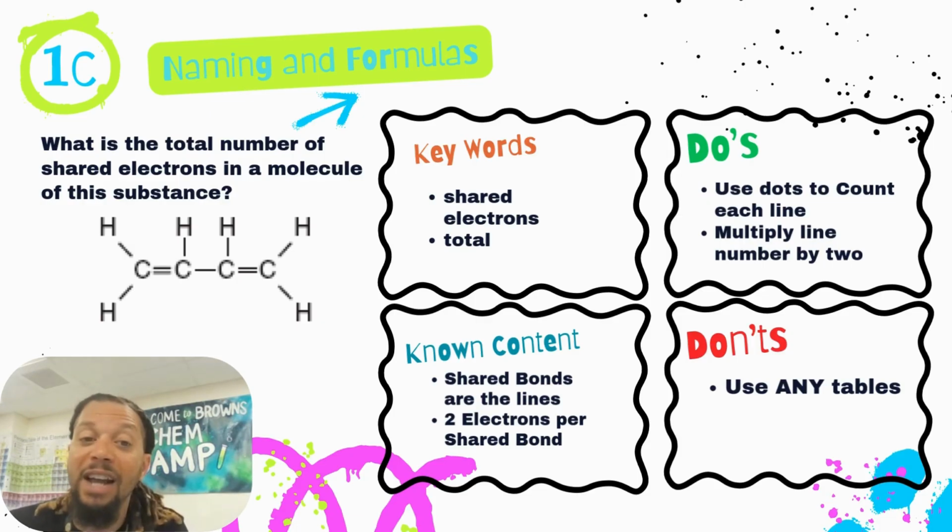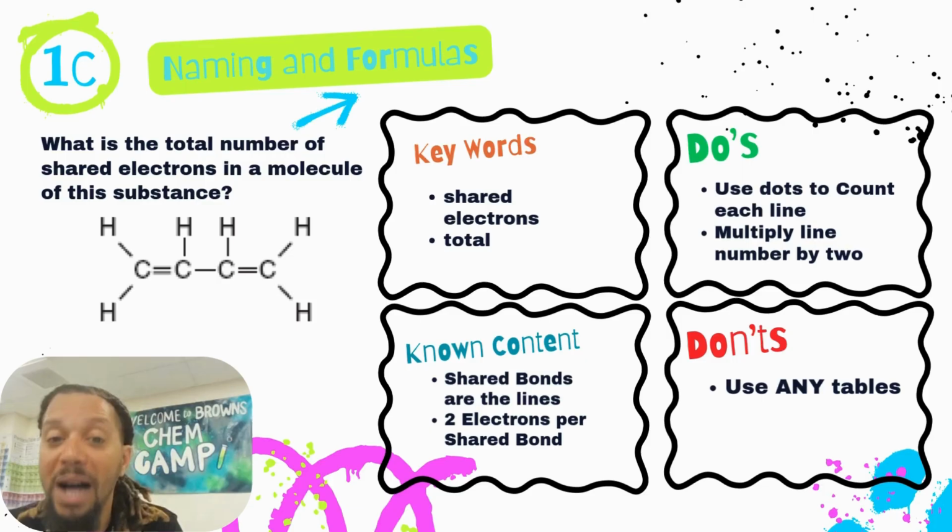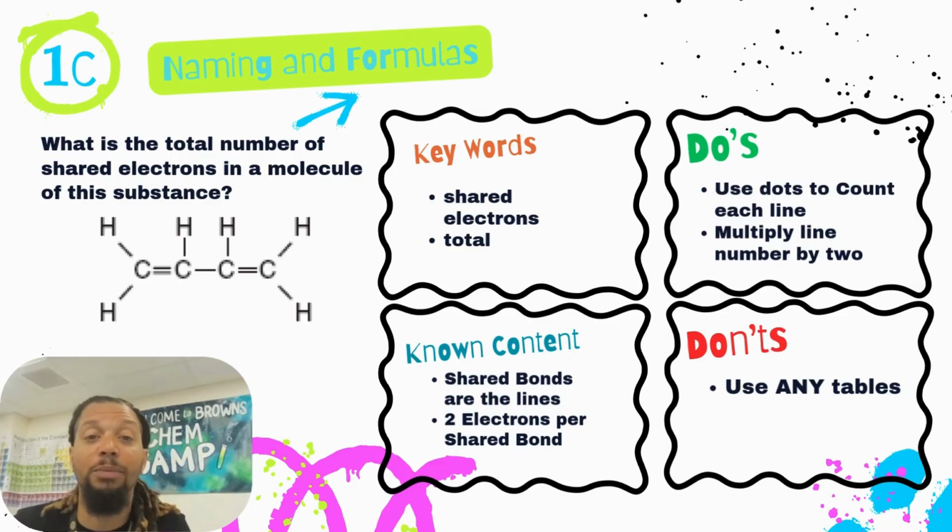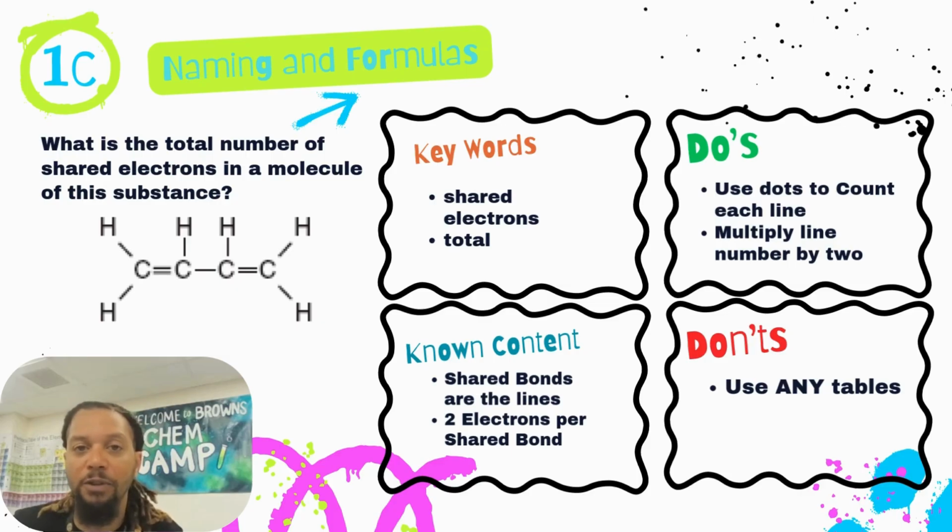Known content: we have to know that shared bonds are the lines, and 2 electrons per shared bond. So what are we going to do? We're going to use dots to count each line, because we have to keep track of the lines. Then we're going to multiply the line number by 2. We know there are 2 electrons per shared bond. We're not going to use any tables because they're not going to be helpful here.